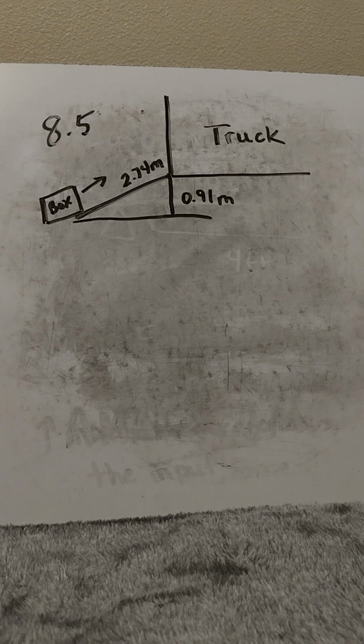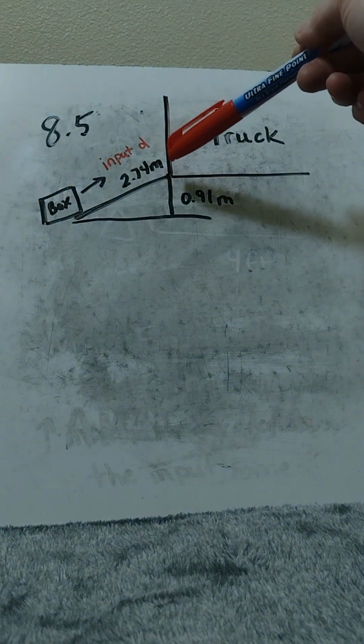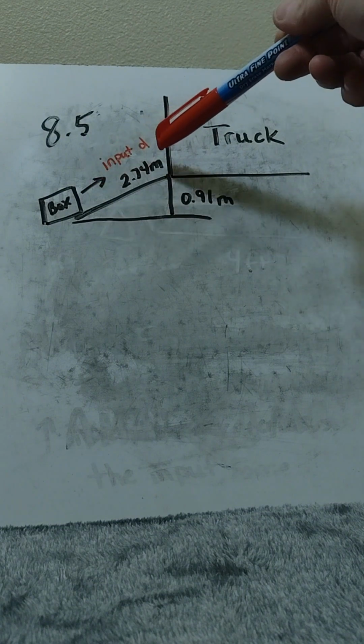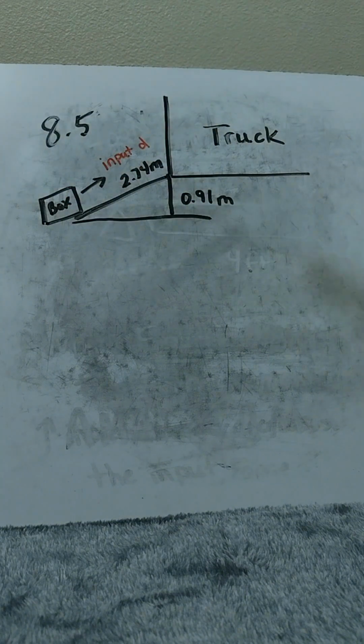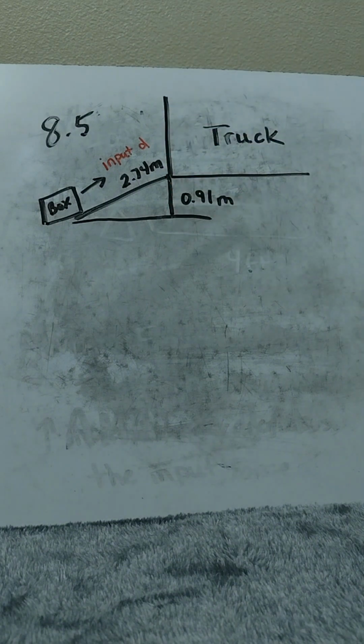What is the ideal mechanical advantage of the inclined plane? So which one is going to be your input distance and which one is your output distance? So you're doing the work across the ramp right here. So this is your input distance that you're putting the force across. So this would be your output distance right here, going up and down.